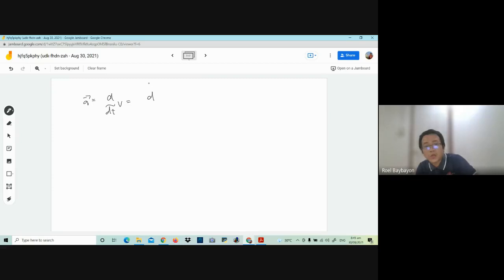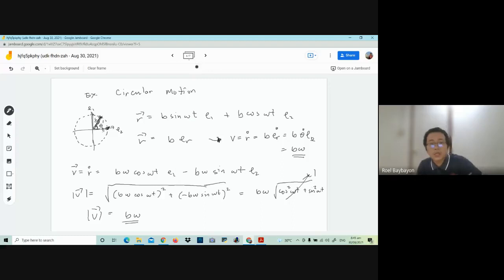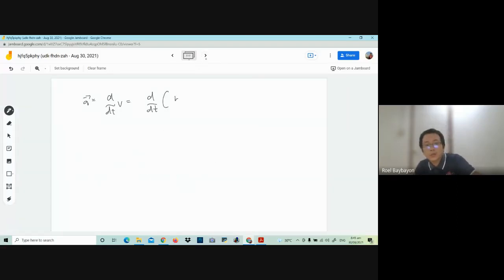So taking the derivative with respect to time of b omega cosine omega t e1 minus b omega sine omega t e2, this is actually equal to minus b omega squared sine omega t e1 minus b omega squared cosine omega t e2.